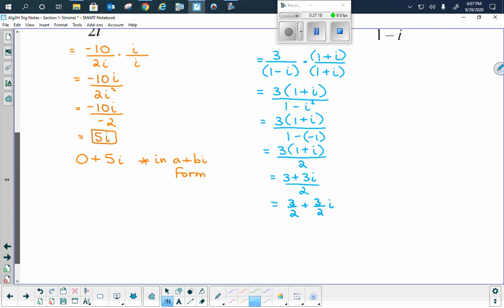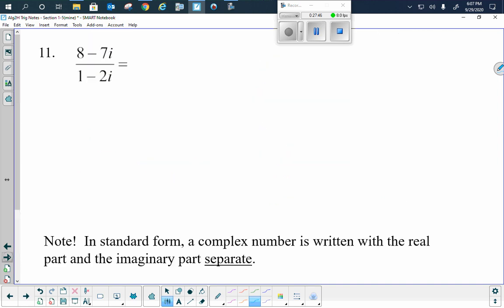So there would be your final answer if I was asking for a plus bi form, which they like to do a lot. So just pay attention to that. Again, what's the real part? 3 halves. What's the imaginary part? 3 halves also.